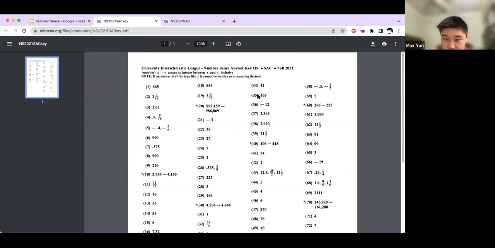So what you want to do is multiply the last problem you attempted. So let's say you attempted problem 40; then you multiply that number by 5.